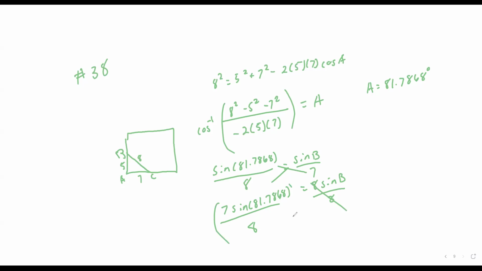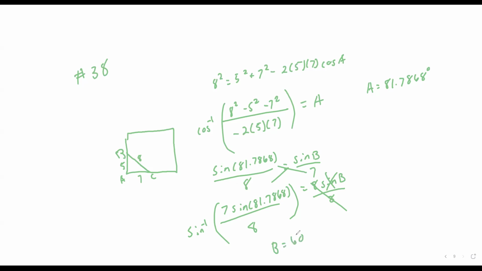And then I'm just going to take the sine inverse of this result to get rid of that sine. So I'll do trig, sine inverse, control, divide, 7 times trig sine of 81.7868 over 8. And that gives me 60 on the dot. So that means B equals 60.